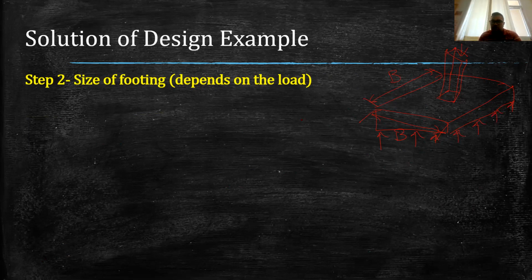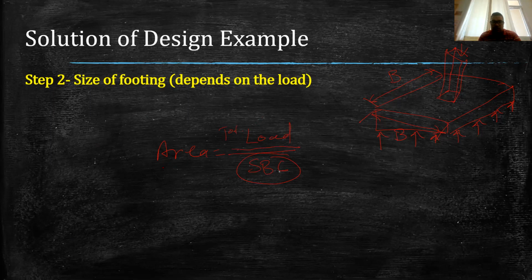So here we can find out the area of footing with the relation: total load upon SBC, which is the safe bearing capacity, and this is the total load coming on the foundation.